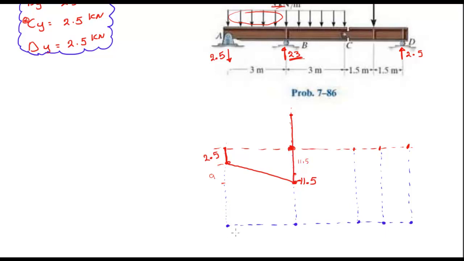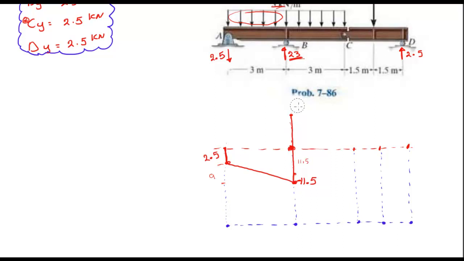Now I use the same exact logic. What's going on between B and C? Again, I'm going to drop. How many? 3 times 3, that's 9. But again, this is not from 23. Okay, I made a mistake.